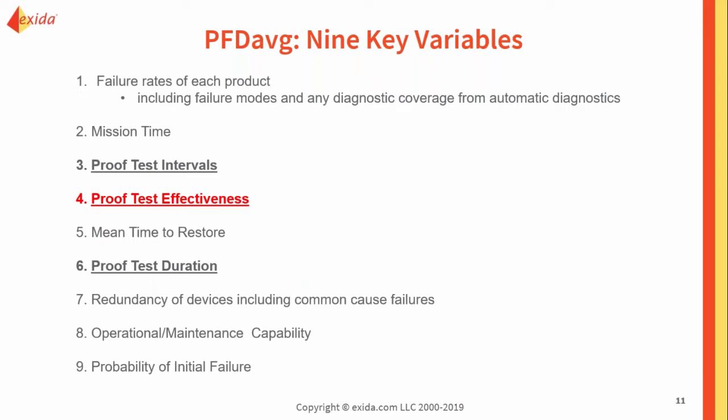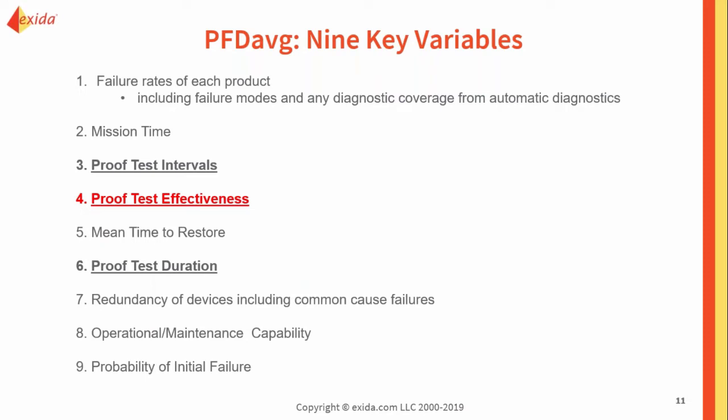One of the main functional safety equations used in that risk reduction for a SIF is the PFD average, or the average probability of failure on demand. And it's a really long, drawn-out equation with a lot of different variables in it, but it considers the probability of failing.